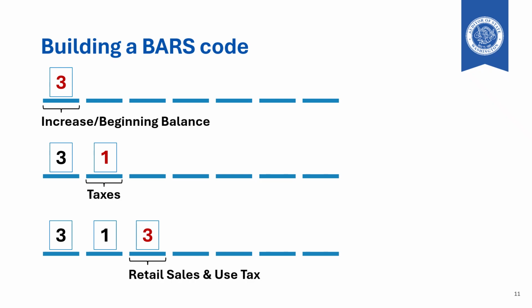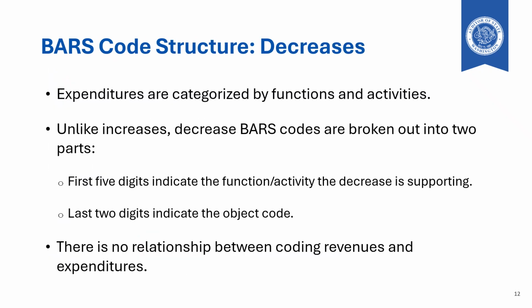We are going to switch gears now and focus on the code structure of expenditures and other decreases. Now keep in mind that the structure of decreases is a little different than the increase side. Expenditures are categorized by functions and activities, whereas revenues are coded based on categories and source of revenue.